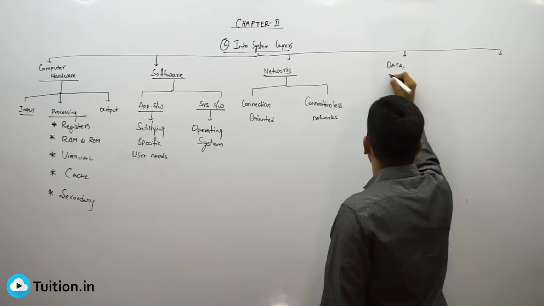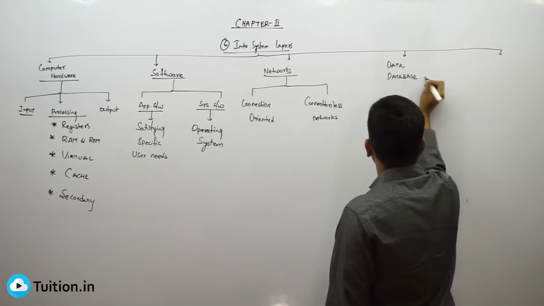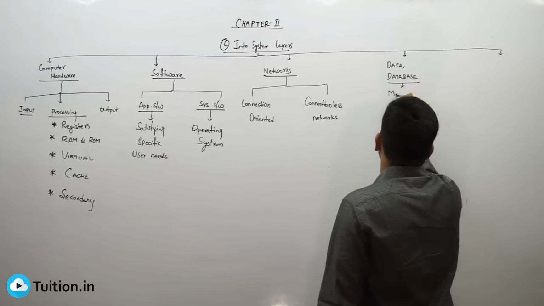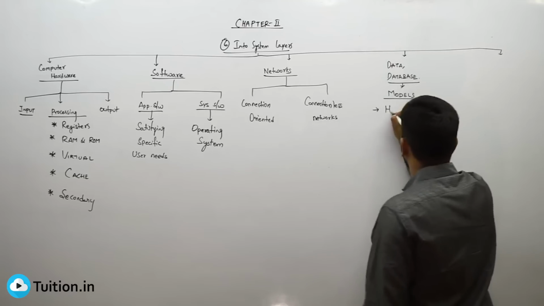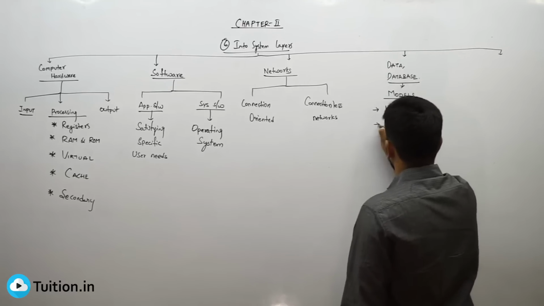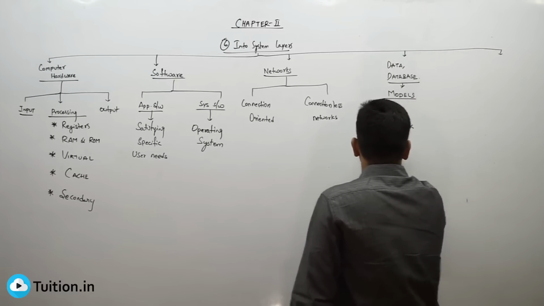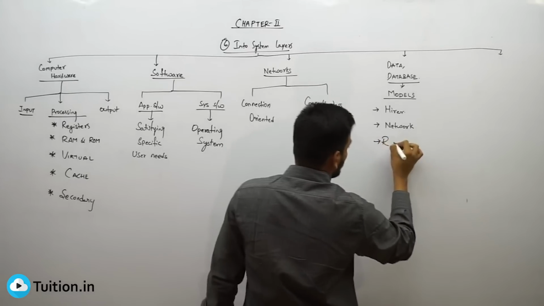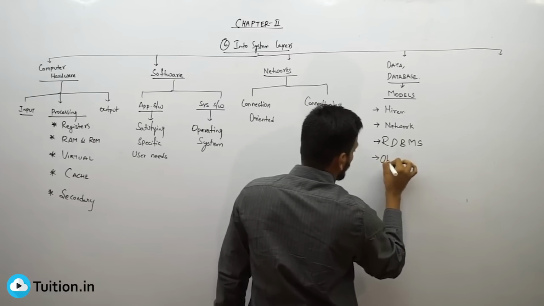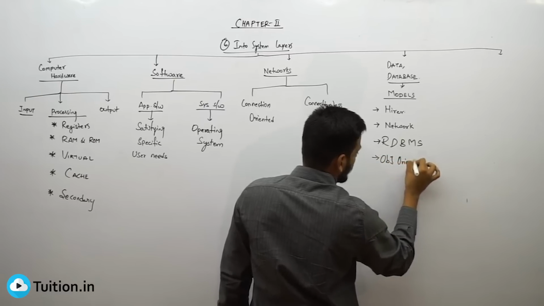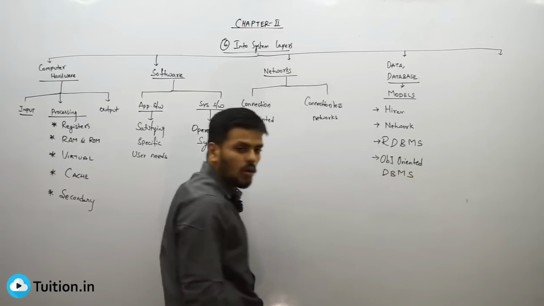Three concepts here: data, what is a database? As we discussed data and database, then we discussed database models. The four models that we are discussing here are the hierarchical model, network model, then the relational database management system, RDBMS, and lastly the object oriented database management system, or also shortly called the OODBMS.